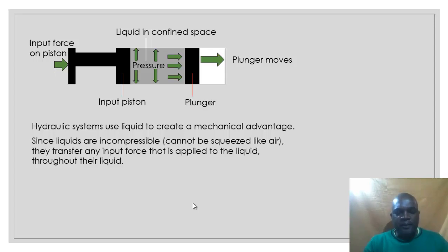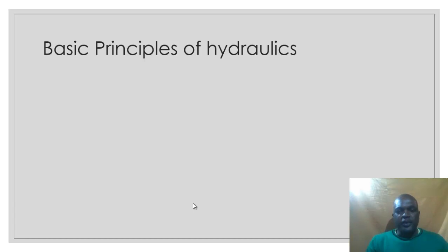But liquid, as long as it is in a confined space where there are no bubbles or air spaces, you are not going to be able to compress it. So this transfers an input force that is applied to the liquid, and this force is applied equally right through the liquid. So let's look at the basic principles of hydraulics.